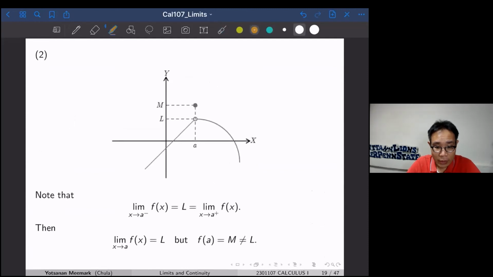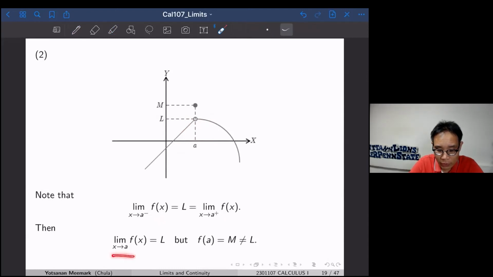The other cases will be functions where you're gonna see some jump or some hole. In the second picture, you see that you have x going to a from the left and x going to a from the right, and the graph approaches L from both sides. So the limit as x goes to a from the left of f(x) equals L, and the limit as x goes to a from the right of f(x) equals L as well.